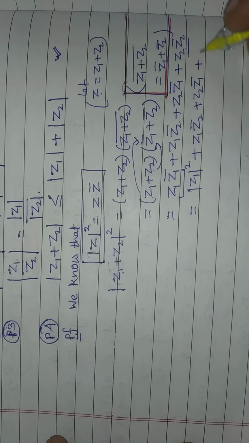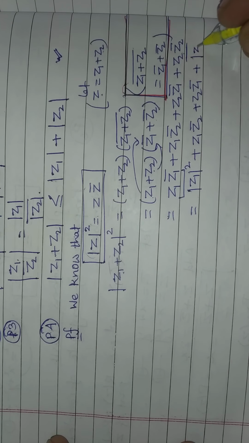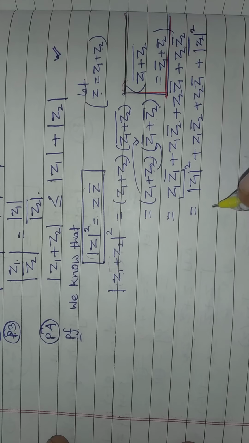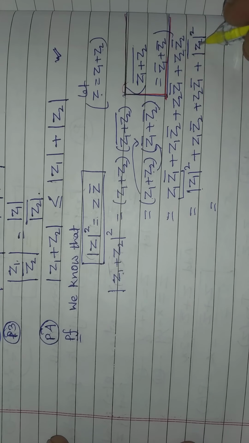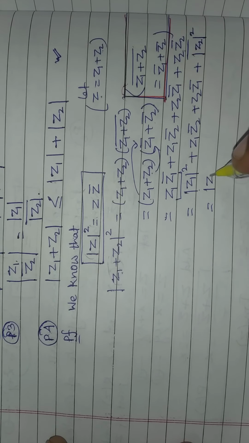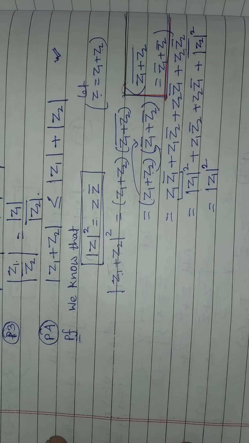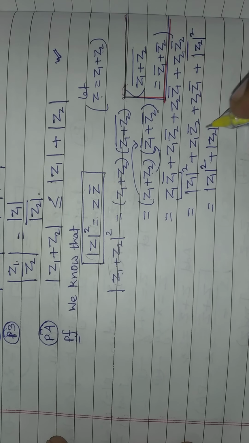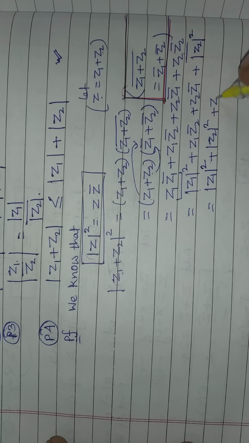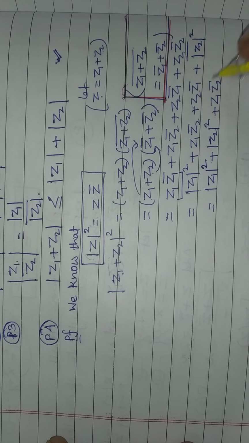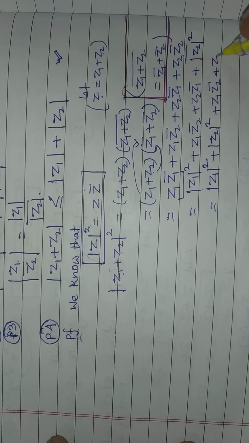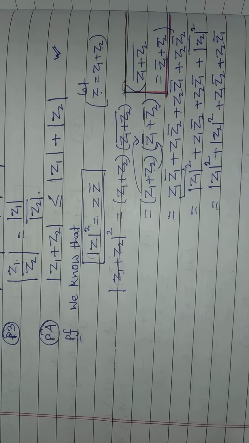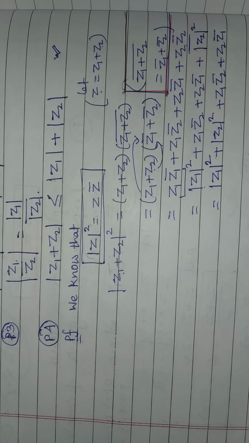This is written as modulus of Z2 square. Now I am writing these together: modulus of Z1 square plus modulus of Z2 square plus Z1 Z2 bar plus Z2 Z1 bar. Up to this we have done.